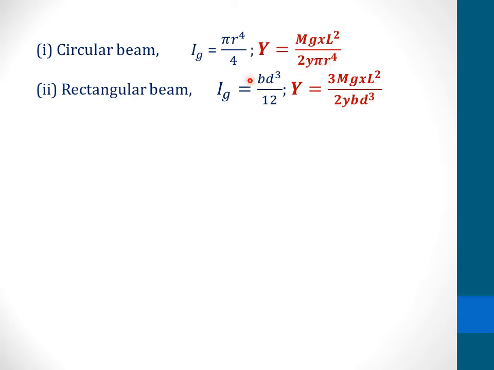Similarly, for that of a rectangular beam, Ig is given by bd cube by 12, which on substitution in equation 4 gives the Young's modulus for a rectangular beam to be 3mgxL square by 2y bd cube.